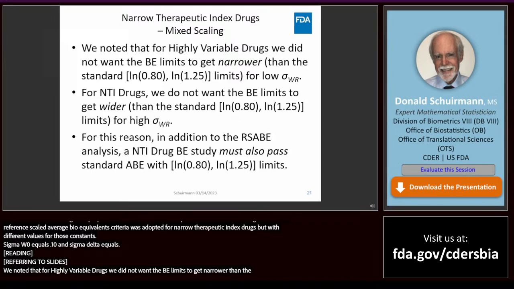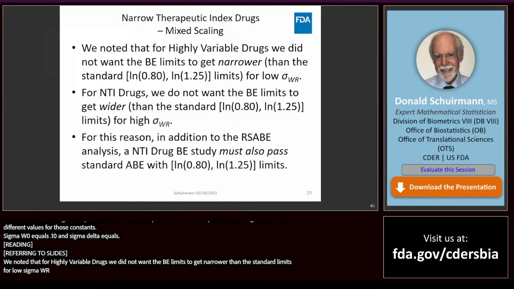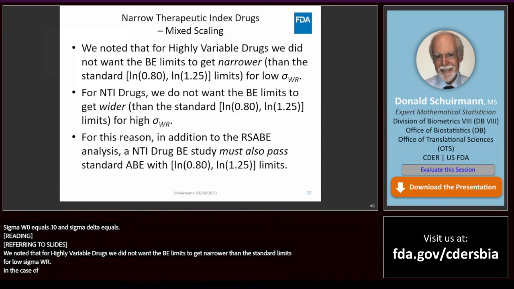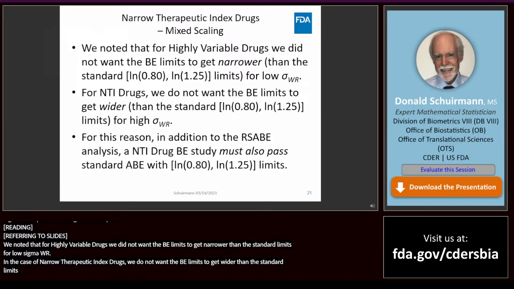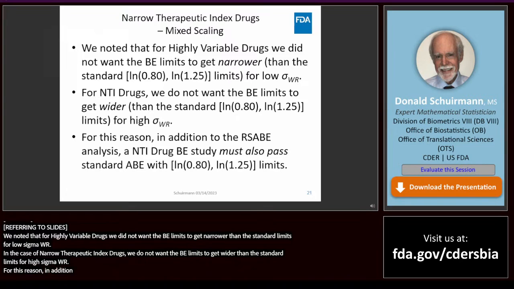In the case of narrow therapeutic index drugs, we do not want the bioequivalence limits to get wider than the standard limits for high sigma WR. For this reason, in addition to the reference-scaled average bioequivalence analysis, a narrow therapeutic index drug bioequivalence study must also pass standard average bioequivalence with the usual log 0.8 to log 1.25 limits.